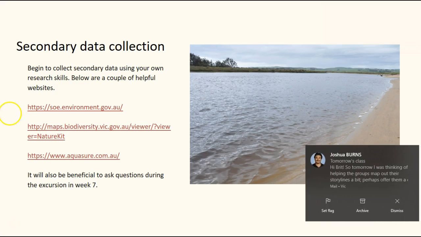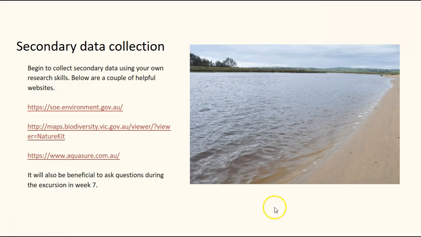The nature kit website that we looked at, and then Aquasure is the desalination plant website. Definitely ask heaps of questions when we're at the desal plant in week 7.